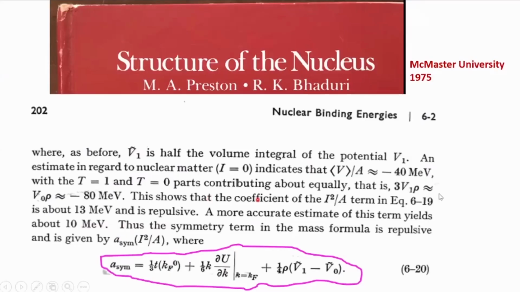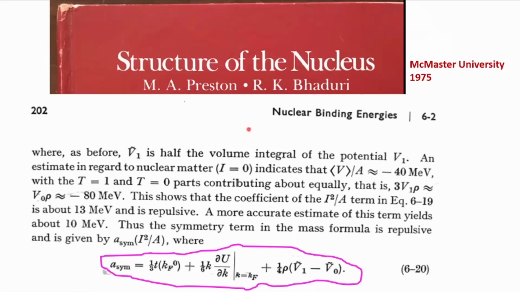Now, going back to nuclear symmetry energy, if you look at any nuclear physics textbook, you find a chapter on nuclear binding energy, and you have the mass formula, and you find a symmetry energy term. Here I'm showing you a page from this book. It's one of my most favorite nuclear physics textbooks.